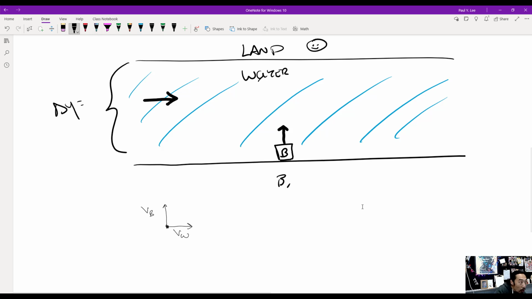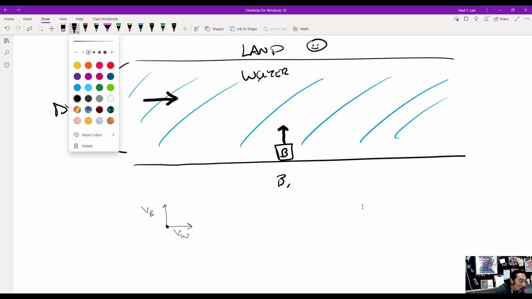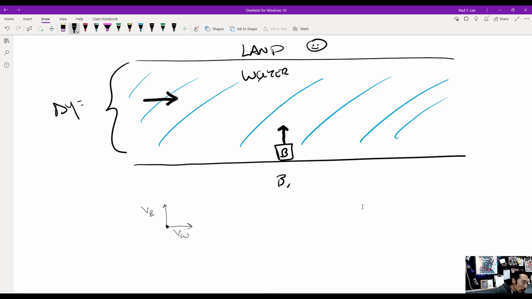The overall velocity of the boat has to take into account both of those vectors, so we get a hypotenuse situation. If I turn this into a triangle, where this is VB and this is VW, using the Pythagorean theorem the overall velocity is equal to the root of VW squared plus VB squared.